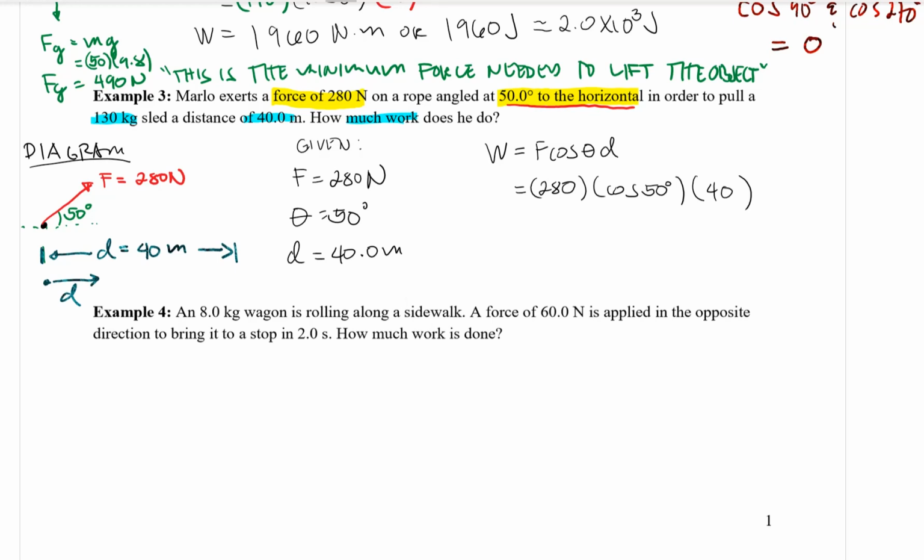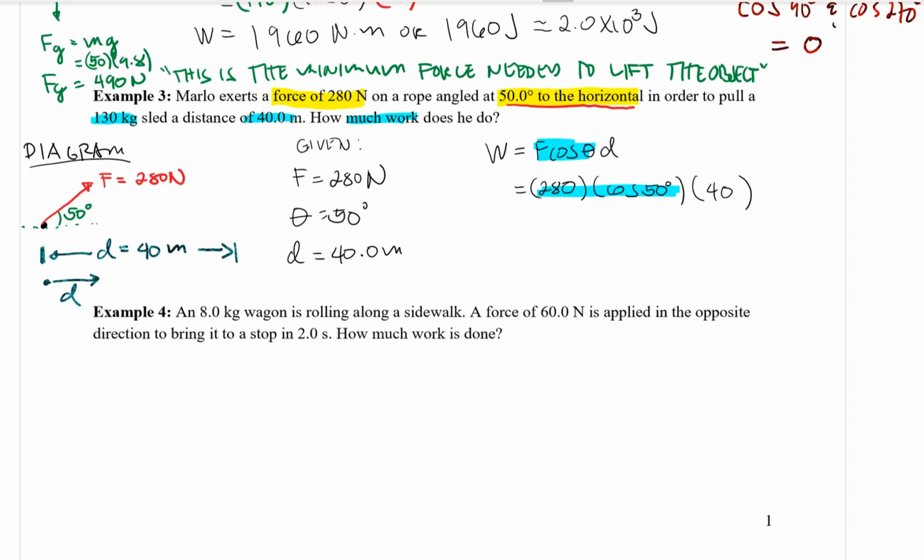Again, as mentioned, the work done on the object is just the component of the force that is parallel to your displacement. So that is given by F cos 50 degrees.